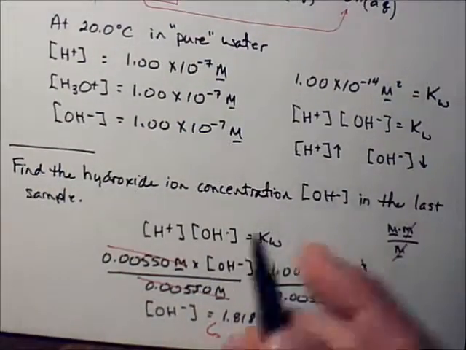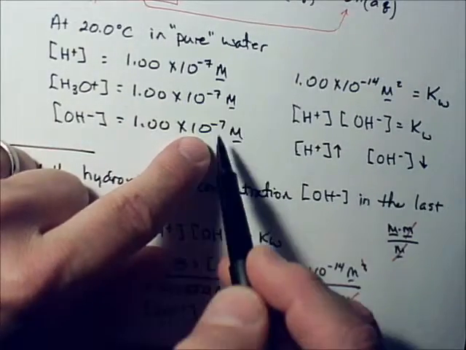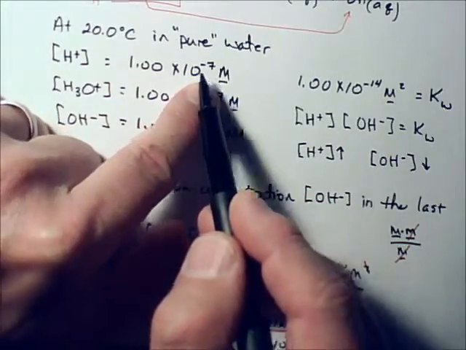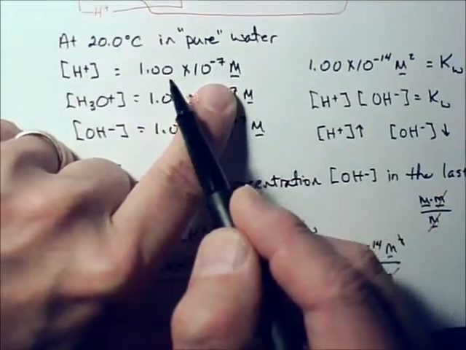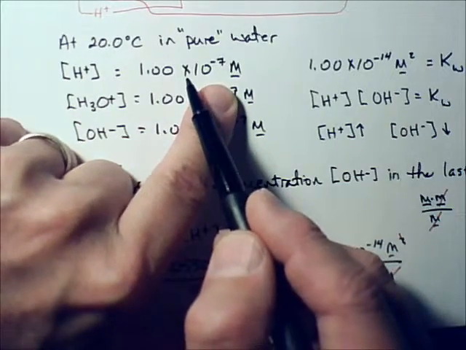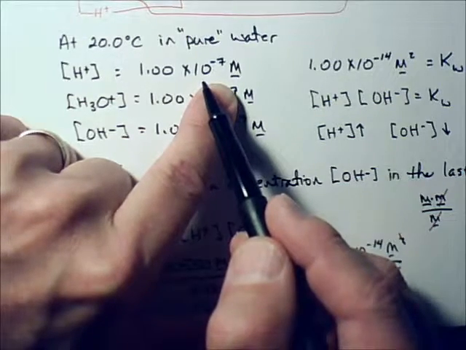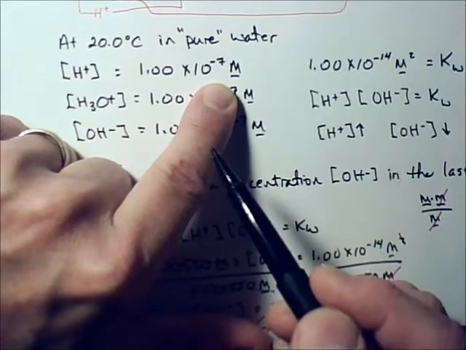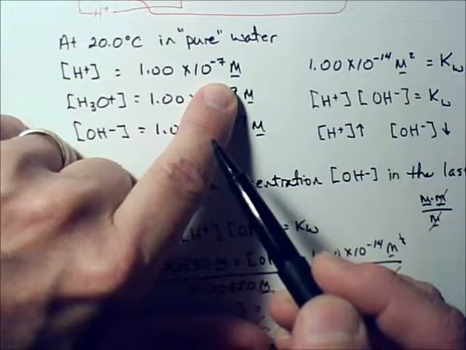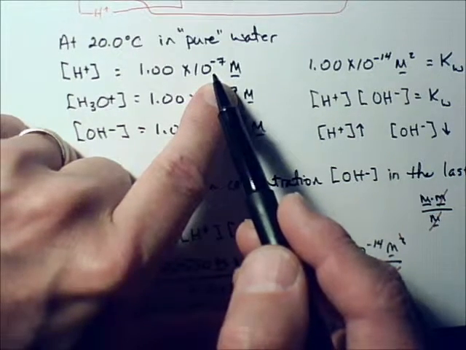Now, let's go back and look at our stuff right here for how we got Kw. We multiplied this times this, right? Find the pH of this solution. Use your calculator quickly now to find the pH of this solution.